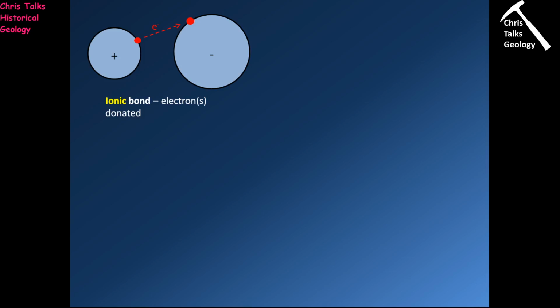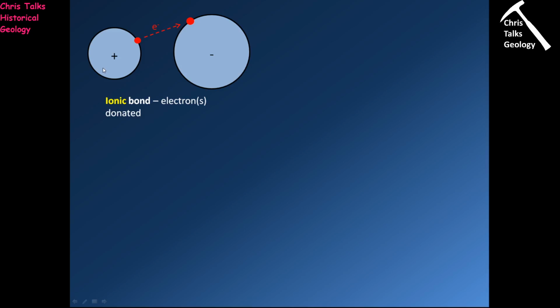So here we go, let's run through our three types of bond in diagram form now. So here we have the ionic bond. In the case of the ionic bond, the atom that doesn't want the electron is perfectly willing to get rid of it, whilst the atom that really wants the electron will happily receive it. And so in this case the electron goes from this particular atom and it's donated to this atom, so this atom becomes positive because it's lost an electron.